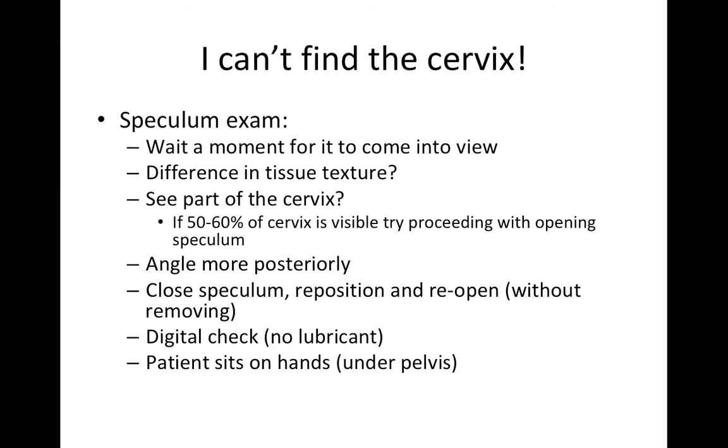At that point you can remove the speculum, take one finger, and lubricate it with gel or with water, depending on what needs to be done in the exam. If you're doing a Pap, it's okay to use gel, but if you're doing a swab, you don't want to use gel. Locate the cervix with one finger, using a digital check.